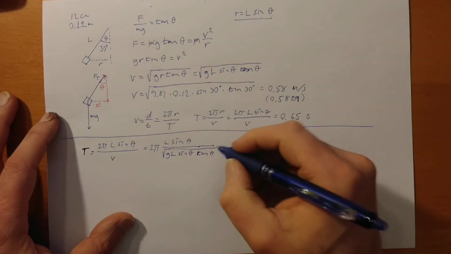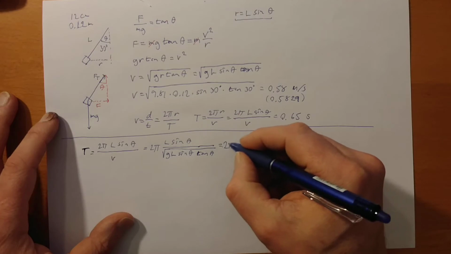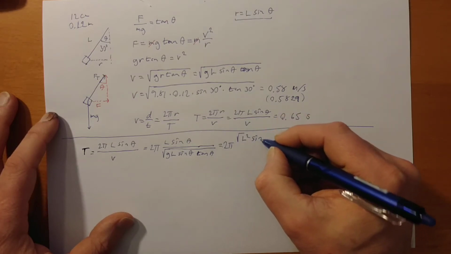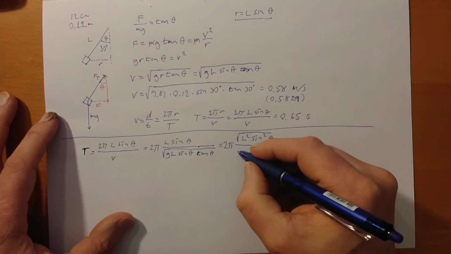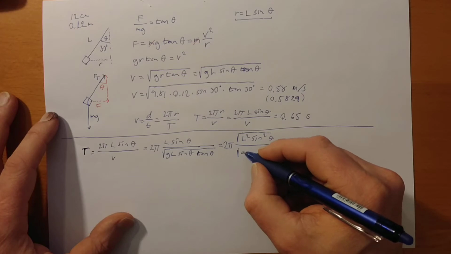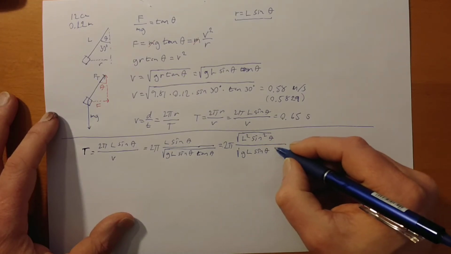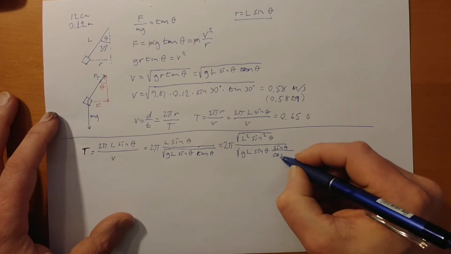And here we can simplify this a bit. We can do like this, right? 2 pi square root of L squared sine squared theta over the square root of g L sine theta over cos of theta.